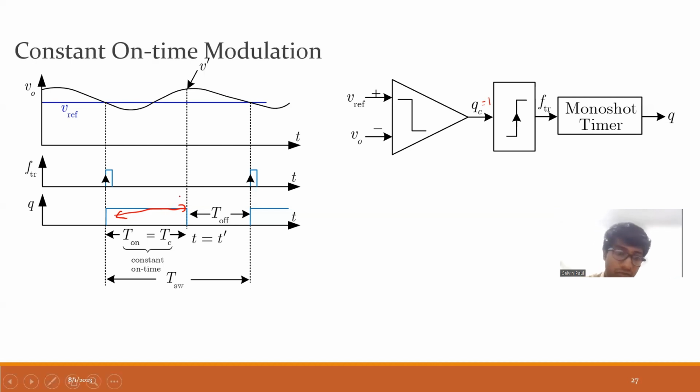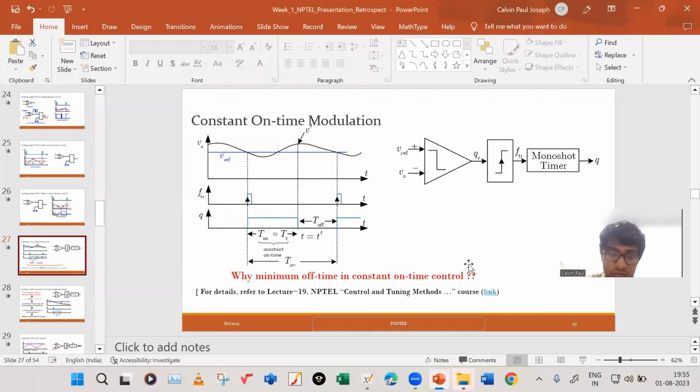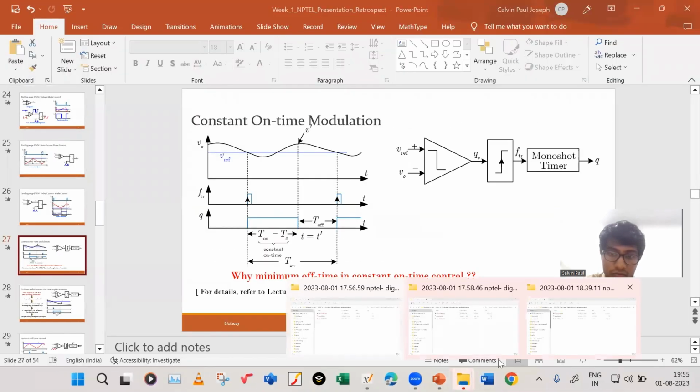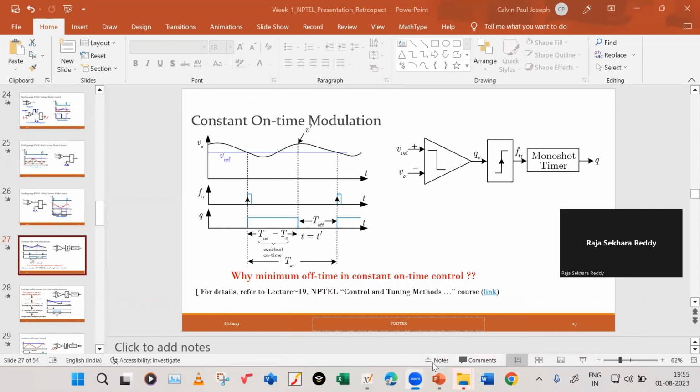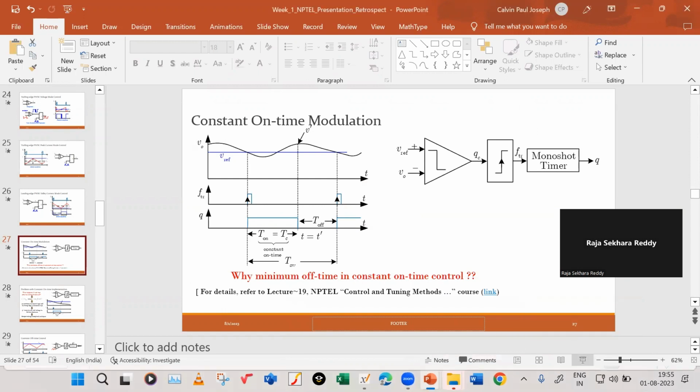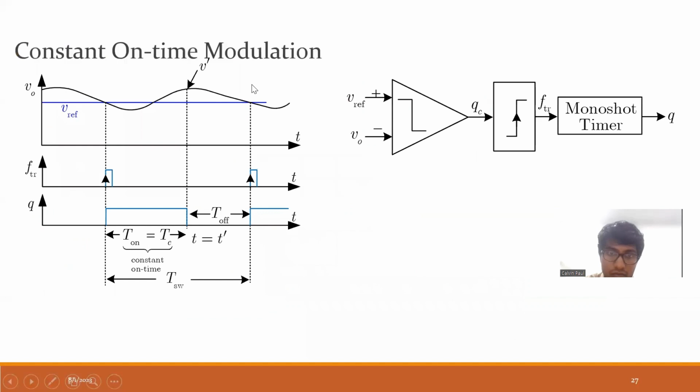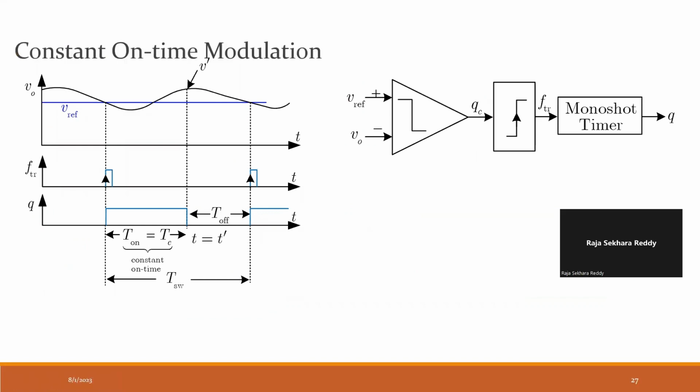Any doubts on this? So again, when V0 goes higher than V reference, at that time QC will become 0.